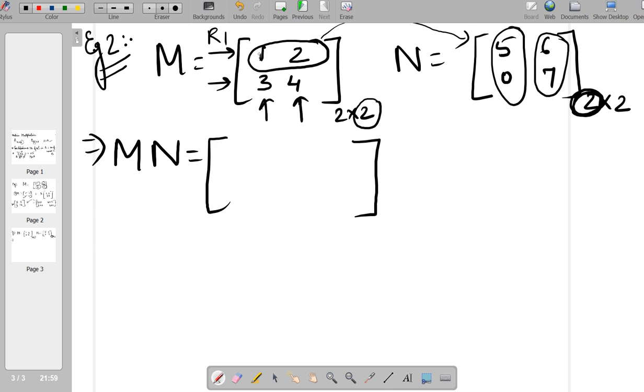This is the first row, first column, first element, so this one will be multiplied by 5. In the first column of matrix N, the second value is 0. So you will do plus and pick this to this, meaning 1 to 1. So 1 cross 5 plus 2 cross 0. First column is done. Now again the same row with the second column.